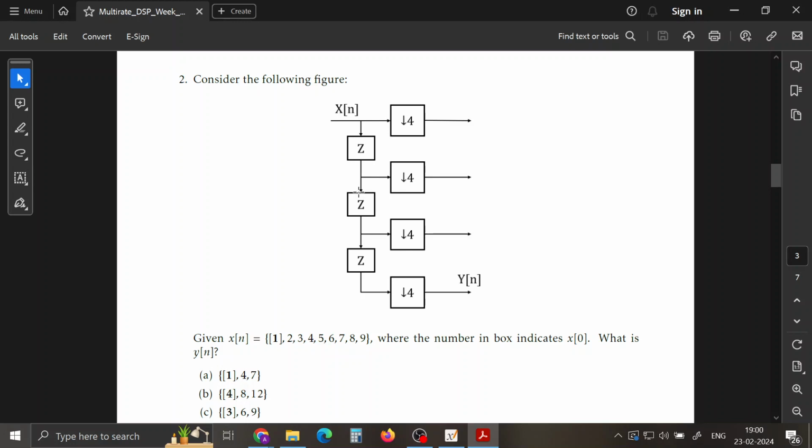There are 3 consecutive advance blocks, z, z and z, and then a downsampling by a factor of 4 to give me y of n. So the signal x of n gets advanced 3 times, so it becomes x of n plus 3, and it is further downsampled by a factor of 4. So basically y of n would be x of 4n plus 3. That's what you are going to get.